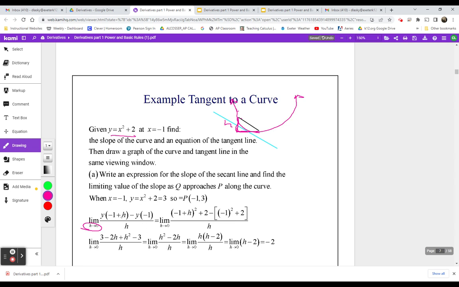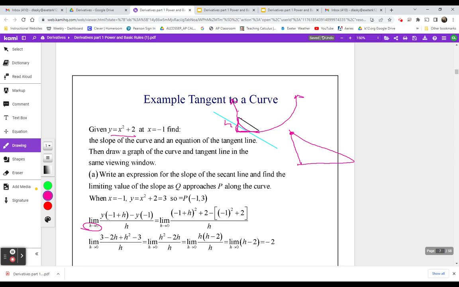Now the other thing is that when I break this secant line triangle out, we get this idea that this y value is the function.